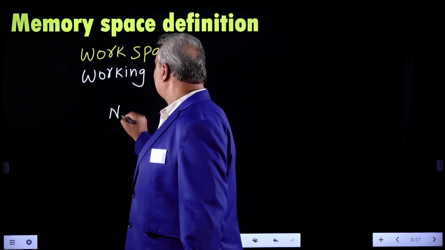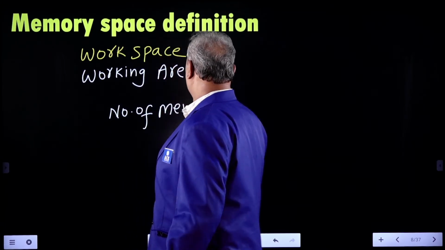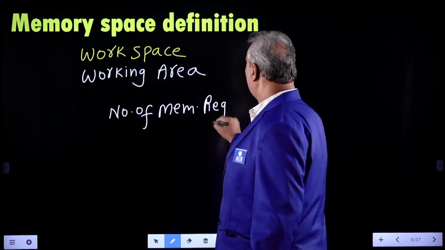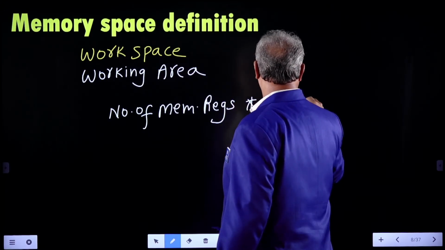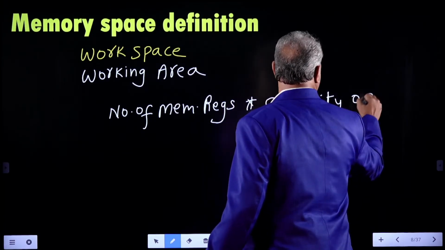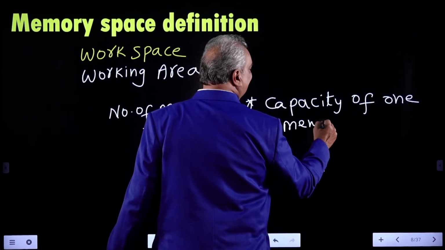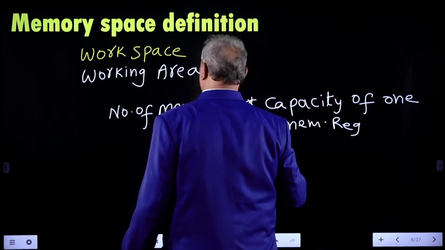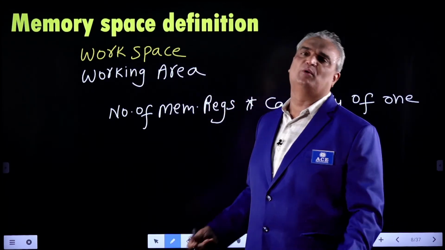In this, what about the definition here? Number of memory registers into capacity of one register. One memory register is also known as one memory location, one memory word, and one memory pocket.